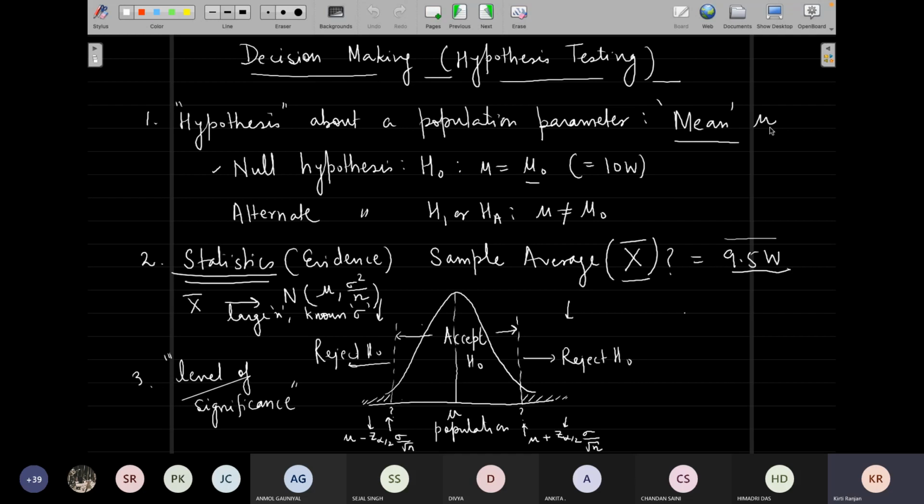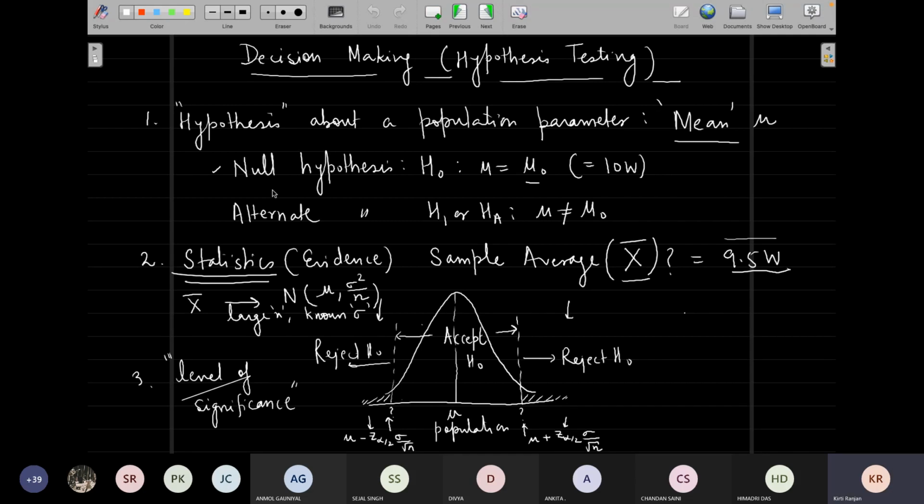Remember the company's claim was that the mean output is 10 watt. We call the hypothesis with which we start the null hypothesis, which we define as H naught, and we say that mu is equal to mu naught, 10 watt. That's the claim of the company.